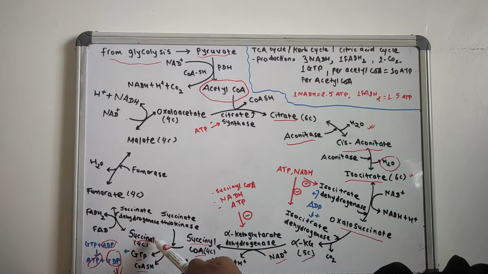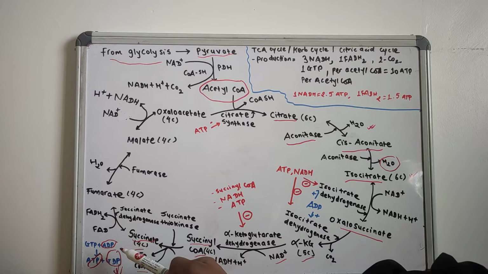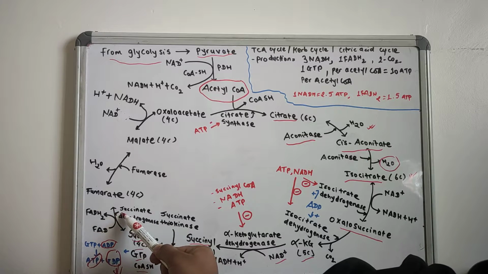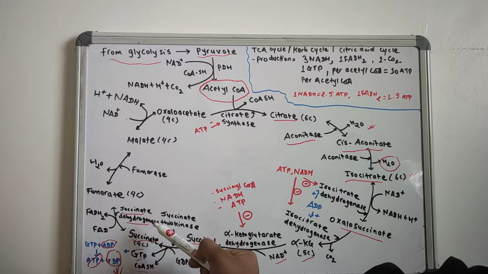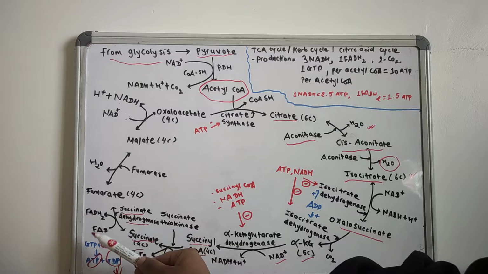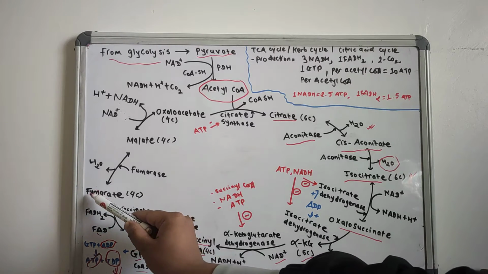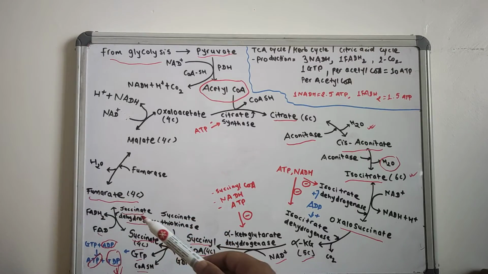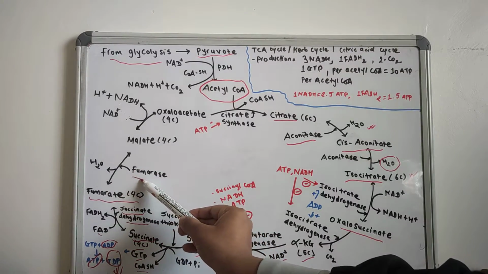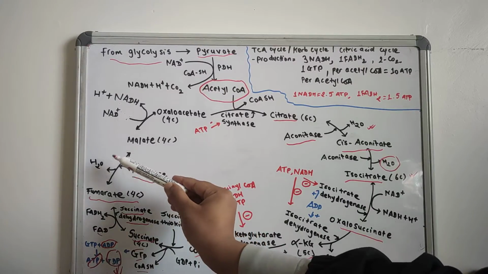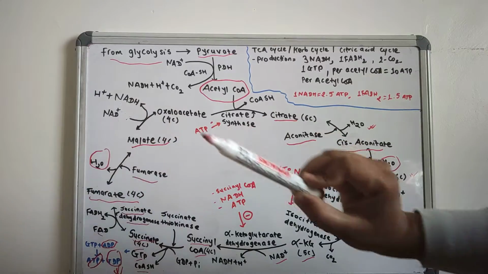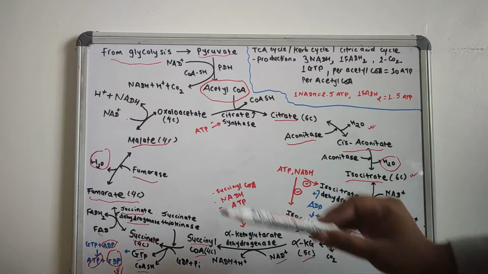We have the succinate compound, which is a 4-carbon compound, and the succinate dehydrogenase enzyme acts upon the succinate along with FAD, producing FADH2. Fumarate is produced, which is a 4-carbon compound. Fumarase acts on it with the addition of water, and malate is produced, which is a 4-carbon compound.